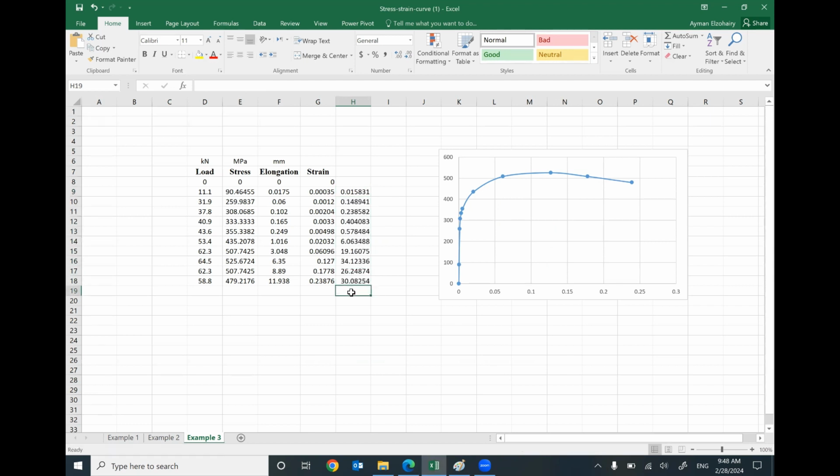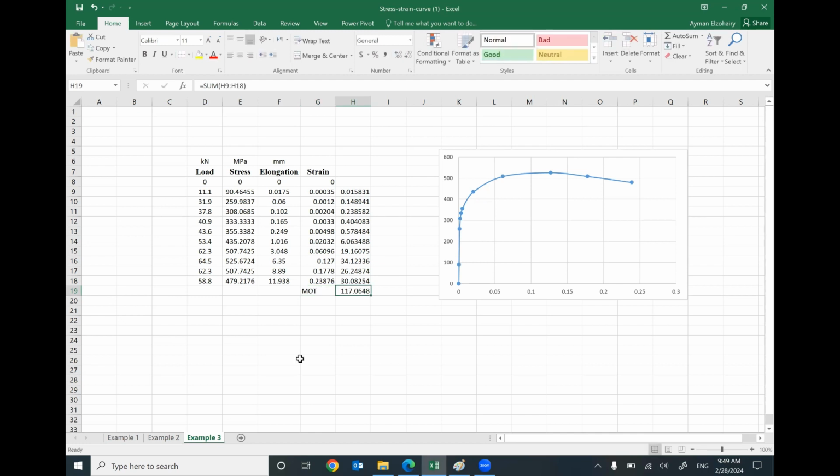Once you find the area of each strip, I will say equal sum. I will do summation for all of these strips. This value will be the modulus of toughness.